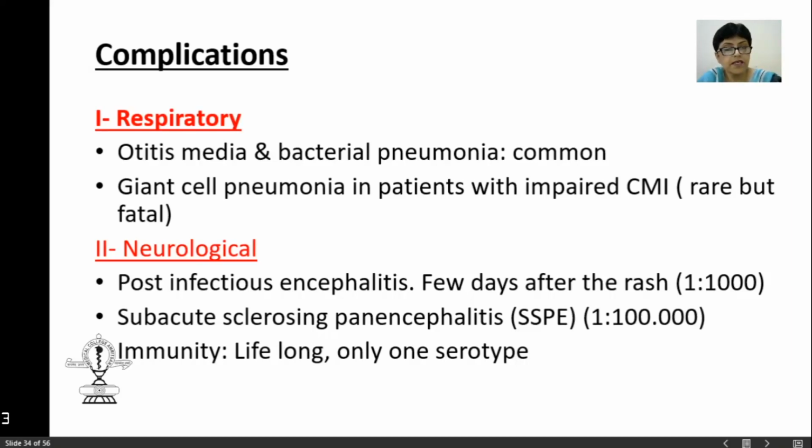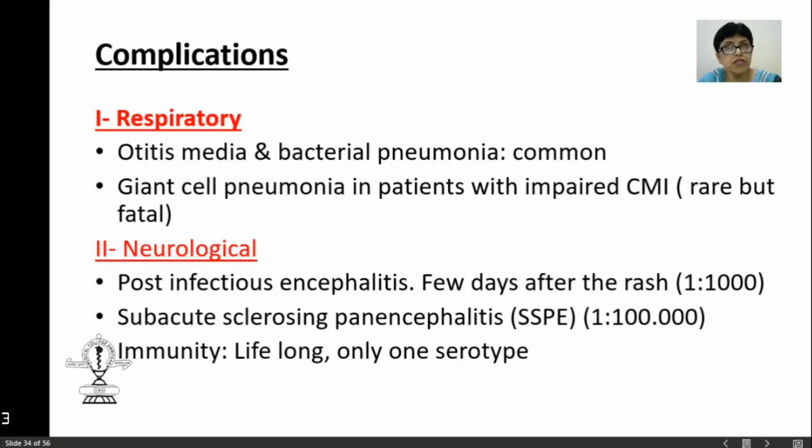Subacute sclerosing panencephalitis is a very rare condition, seen in just one case after every 1 lakh, the SSPE, and this is happening 10 to 15 years after the child has been infected, much earlier in life, with this infection.